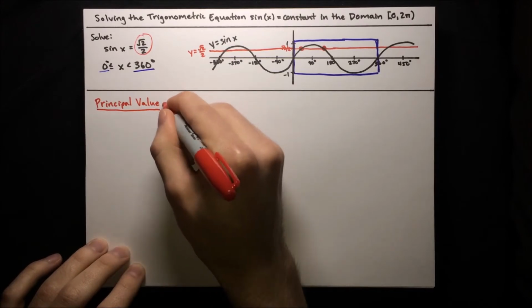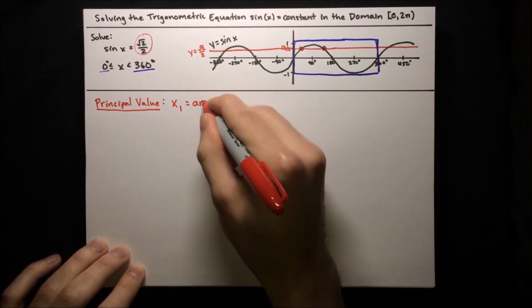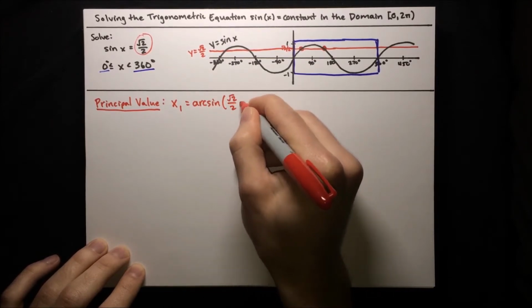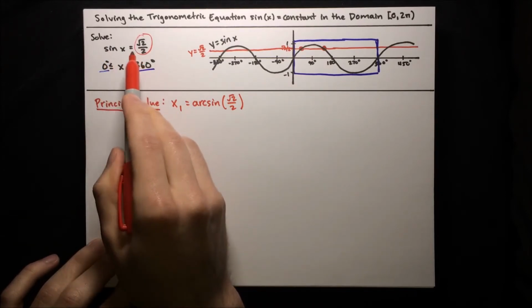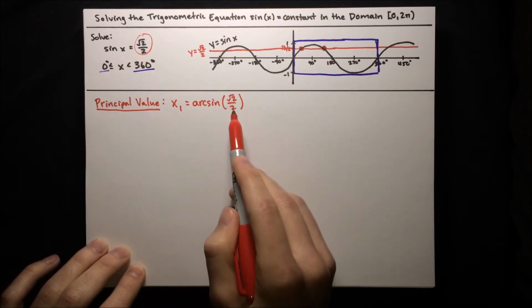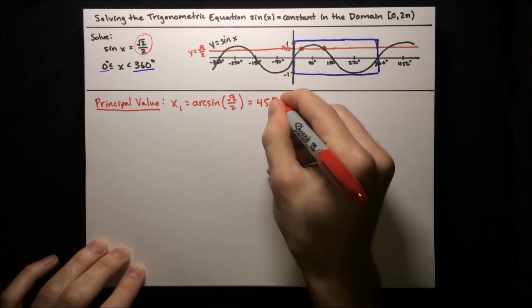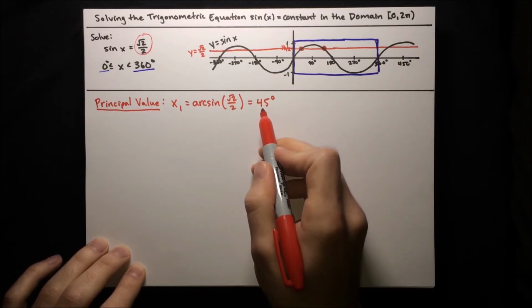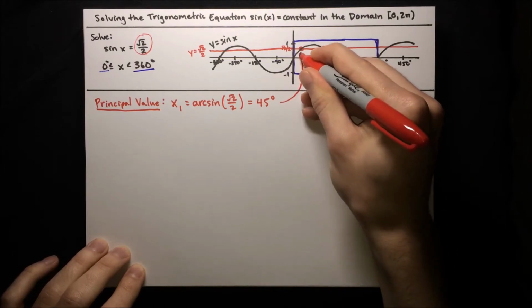And that tells us the first solution, we'll call that x1, equals arcsine of root 2 over 2. Just applying arcsine to both sides here, that cancels out the sine. And we just get x1 equals arcsine root 2 over 2, and that's just equal to 45 degrees. If you punch that in on your calculator, that's what you'll get. And so 45 degrees, we can tell that corresponds to this solution up here.